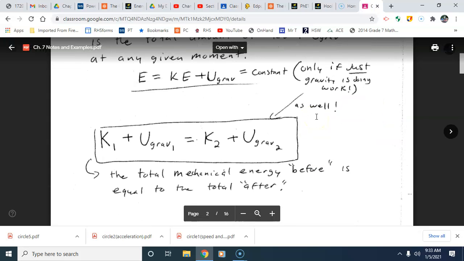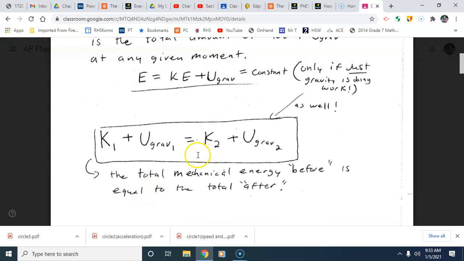All right. This formula right here is conservation of energy with no outside non-conservative, like extra energy, put in or taken out, okay? The 1s and 2s subscripts just mean some instance before and some instance later.